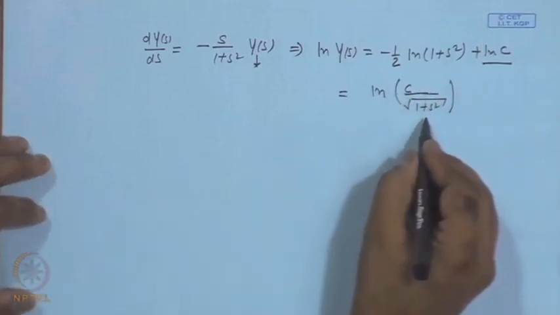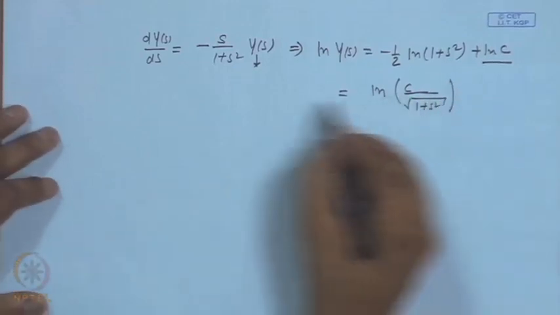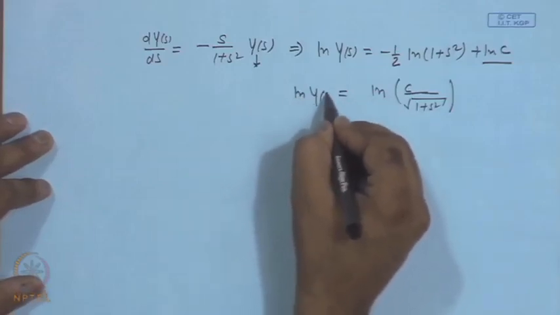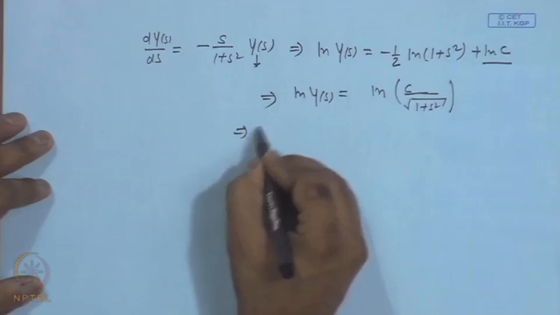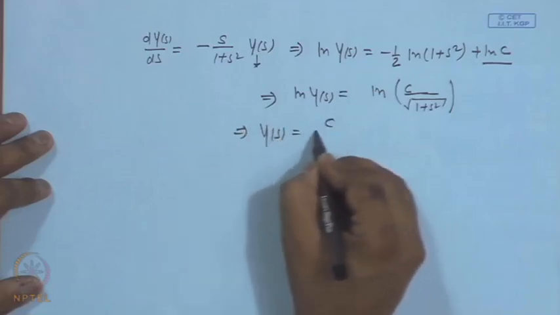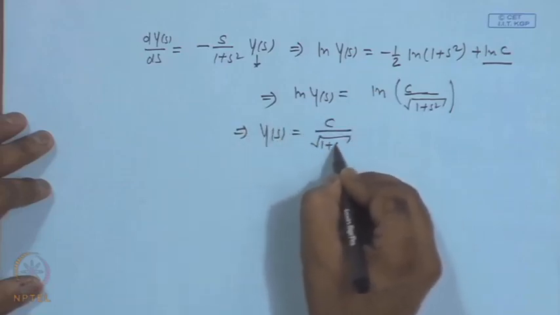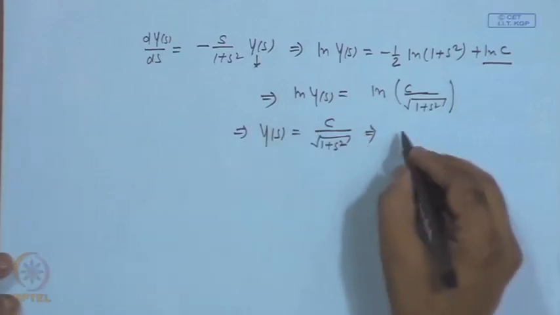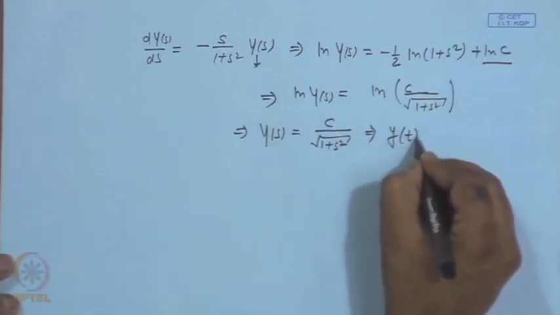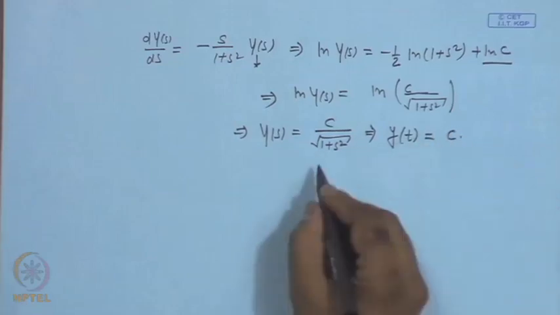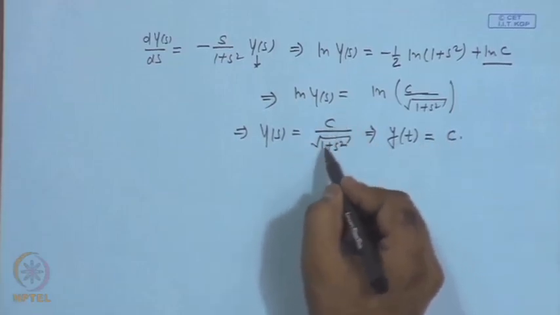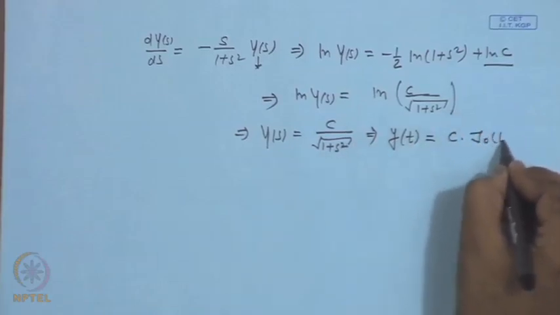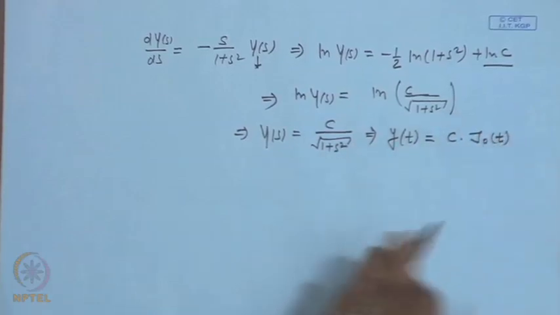So, in this way we get Y(s) is c over the square root of 1 plus s square, and if we take the inverse Laplace transform, we will get y(t) is c times, and in the last lecture we have seen the Laplace inverse of 1 over the square root of 1 plus s square, that was the Bessel function, J0(t).